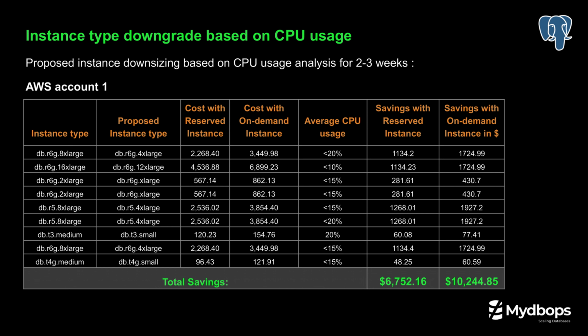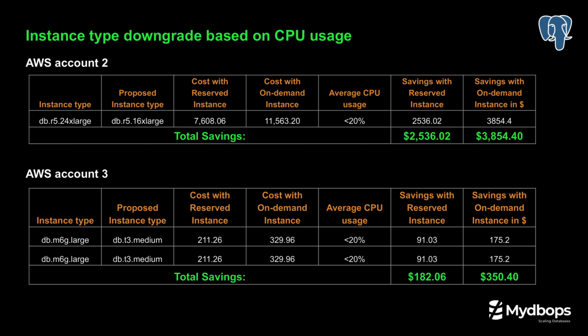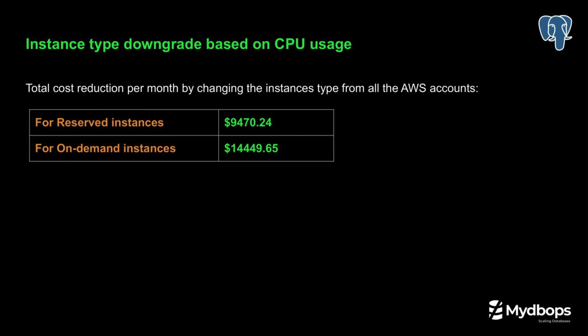The proposed instance types with the cost saving is as shown in the table. Similar suggestions were provided for all the accounts, and with this, a total saving of $9.4 thousand in case of reserve instances and around $14.4 thousand in case of on-demand instances was proposed. This was no rocket science, just a bit of analysis.